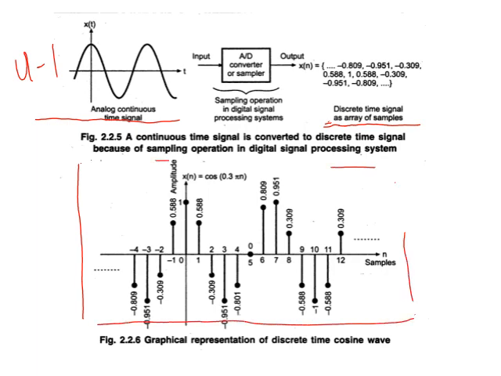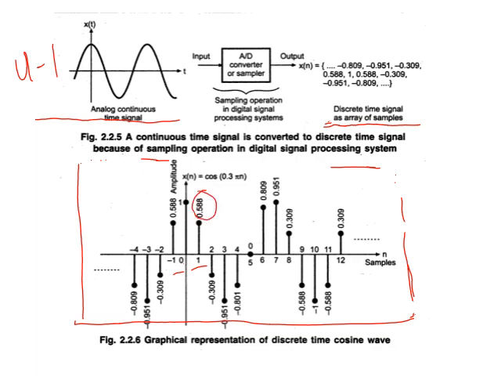Between 0 and 1, at 0 there is amplitude 1, at 1 there is amplitude 0.588.